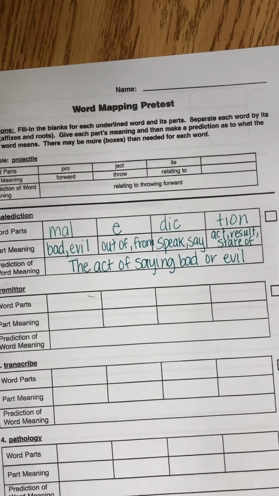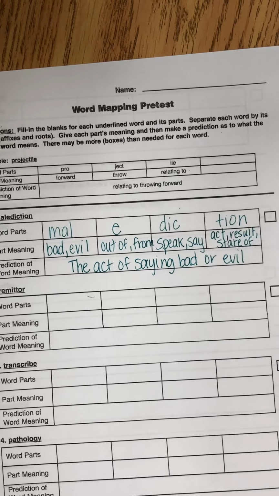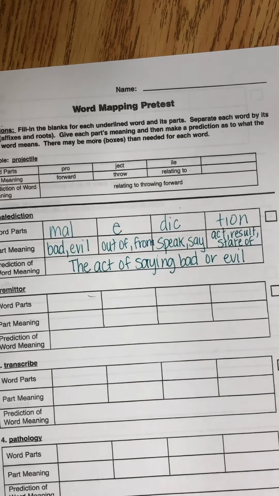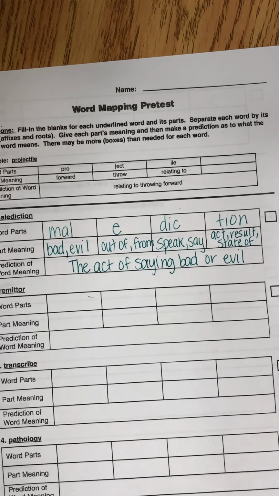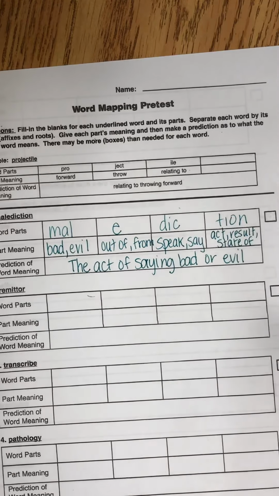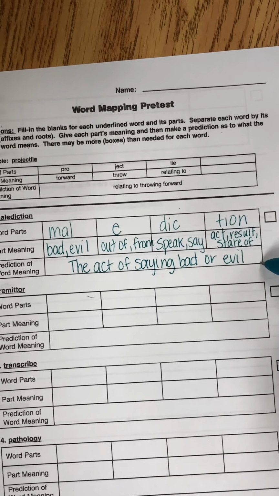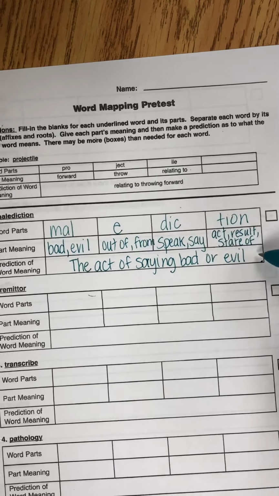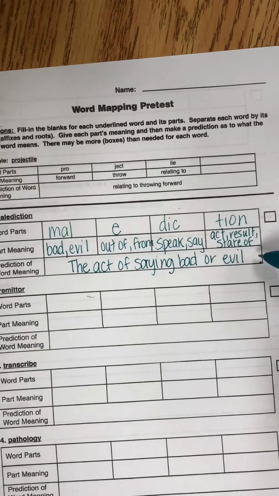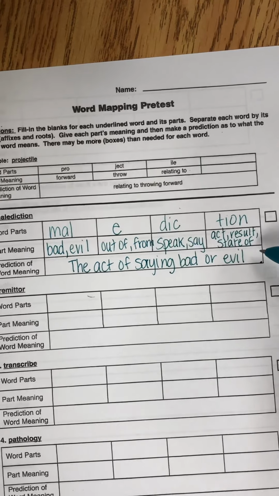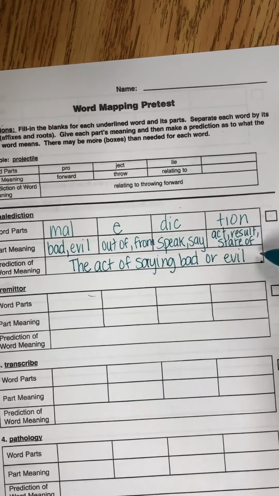If I were to look up malediction, which I already happen to know what that means, malediction is spreading evil or telling somebody bad. So my definition would be pretty close. And that's all you're expected to do. Is this expected to be right? No. It's just supposed to be your best guess of what the definition should be.